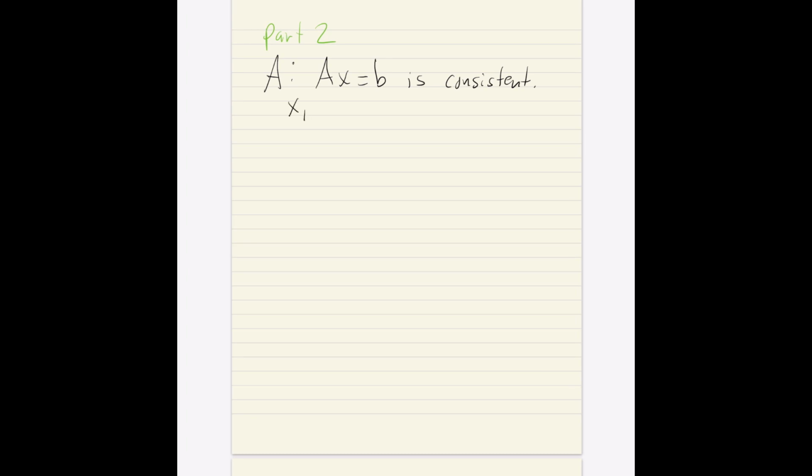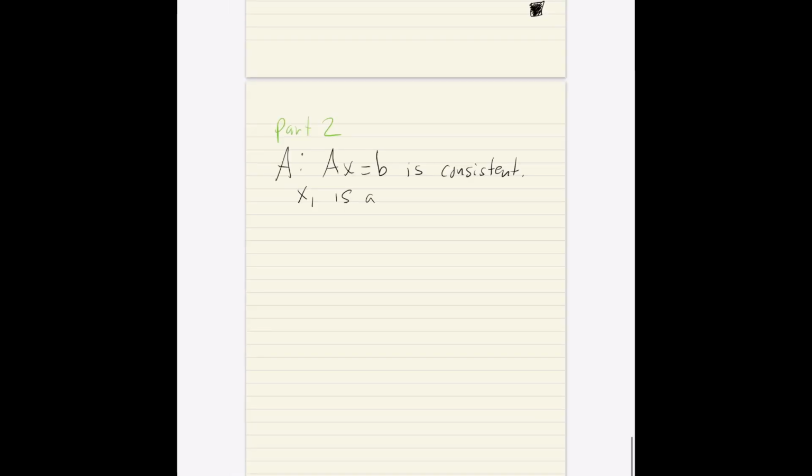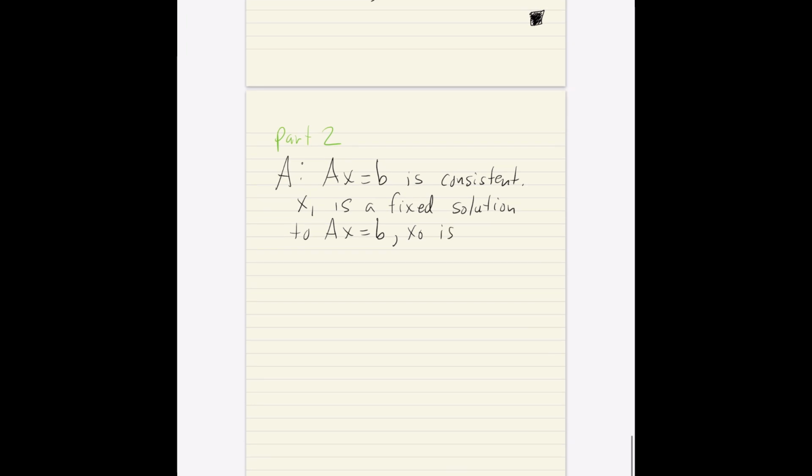X1 is a fixed solution to AX equals B. And X naught is a solution to the homogeneous system AX equals 0.